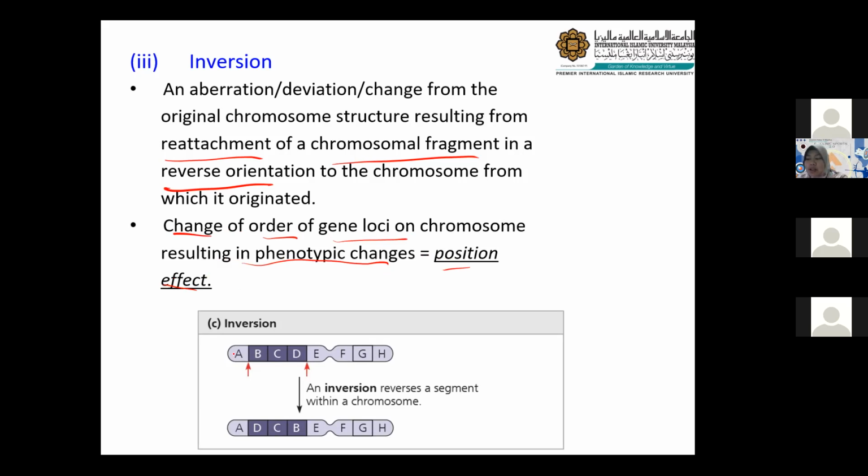Example, the sequence, the fragment loci is A, B, C, D, E, F, G, H. So due to the inversion, you can see the inverse macam ni. So dia jadi A, D, C, B. Nampak tak? Inverse. Okay, A, D, C, B, E, F, G, H. So walaupun masih lagi sama, tapi dia terbalik inverse sahaja pun dia akan bagi kesan juga. So this is what we call as position effect.